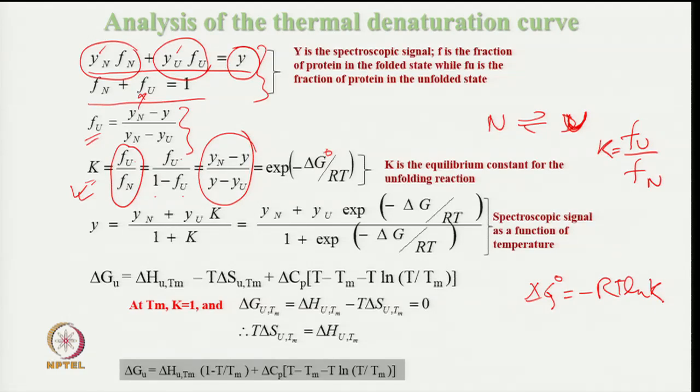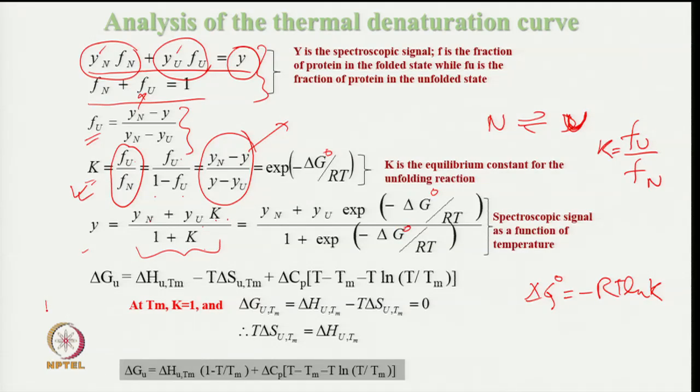So, from fluorescence intensity I know K, and since I know K, I also know delta G naught. If I use this equation, I can express y in terms of K, Yn and Yu. So, y is equal to Yn plus Yu times K divided by 1 plus K. We know K is equal to exponential of minus delta G naught by RT, so we can put it here.